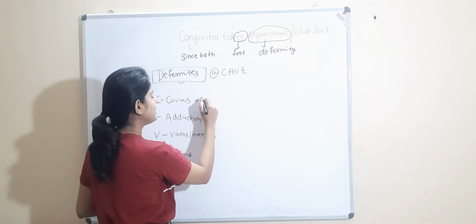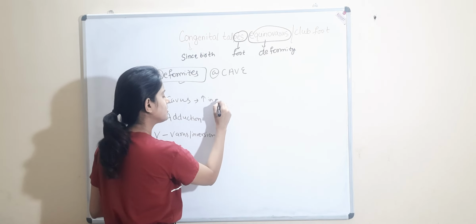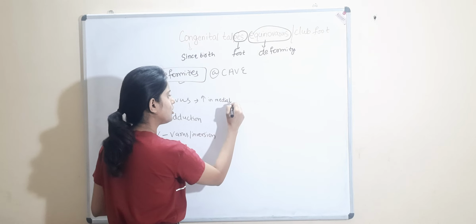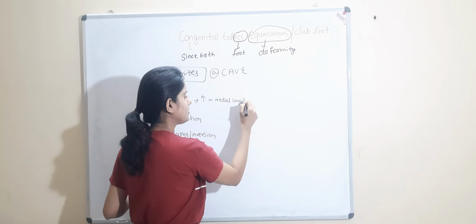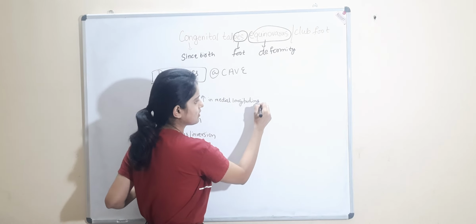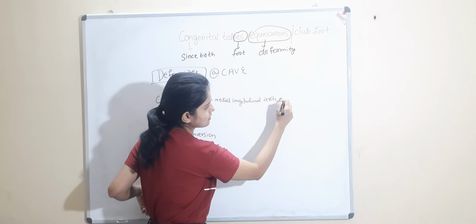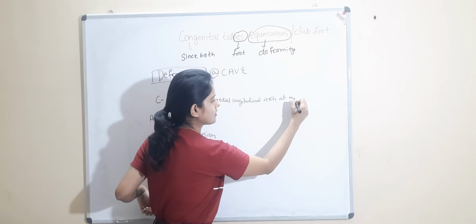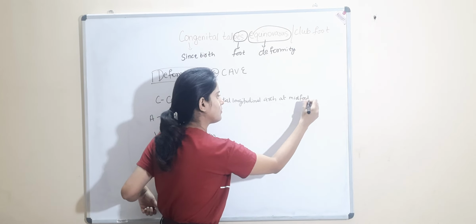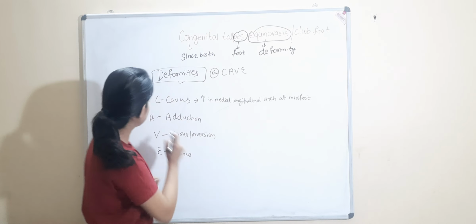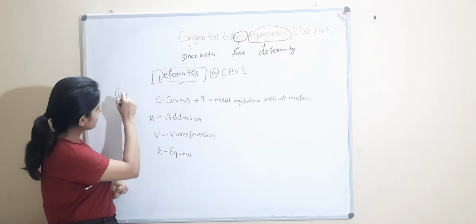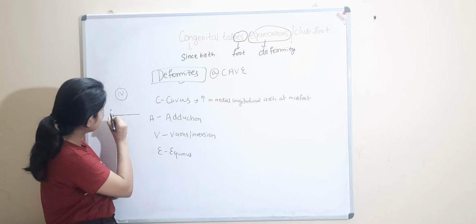In cavus, there is increase in medial longitudinal arch at midfoot. What does this mean? Normally, the foot is like this.